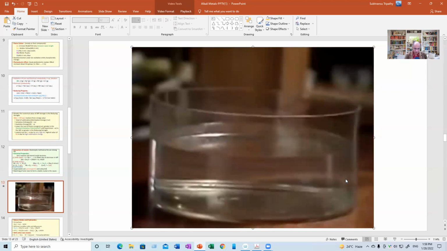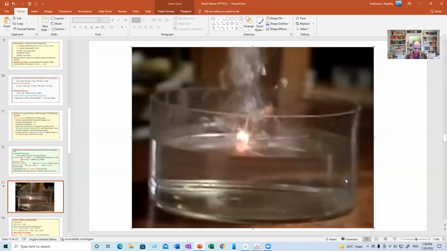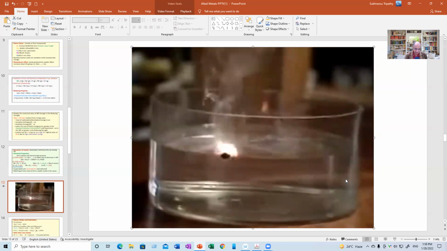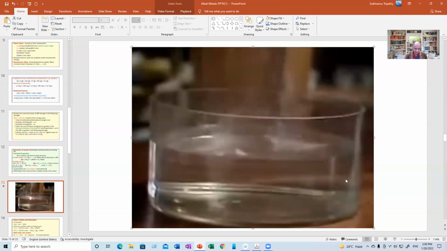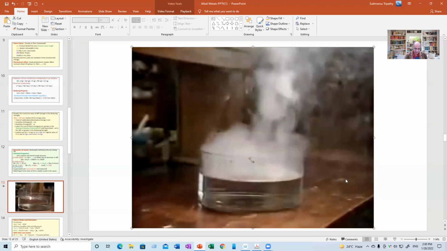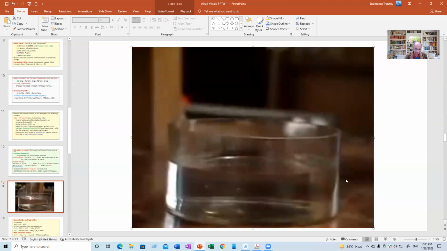Now for potassium. This time you'll see a flame. The heat given out by the reaction is produced so quickly that the hydrogen gas catches fire. It burns with a lilac flame. The next element is rubidium. This time, we put a safety screen between us and the reaction.